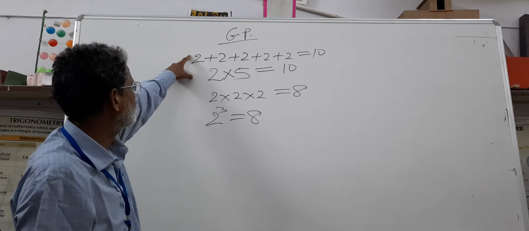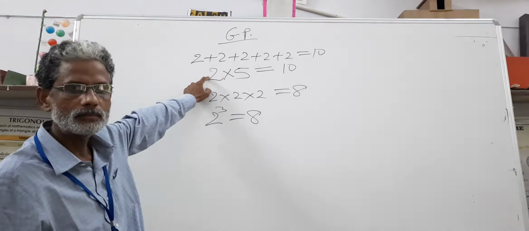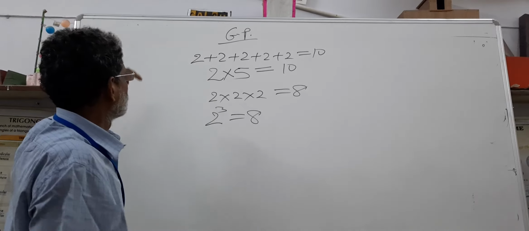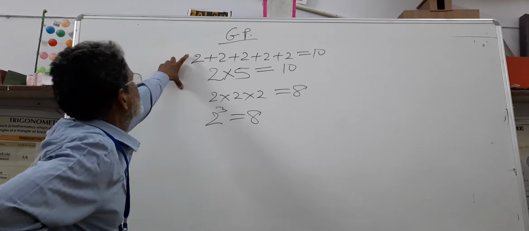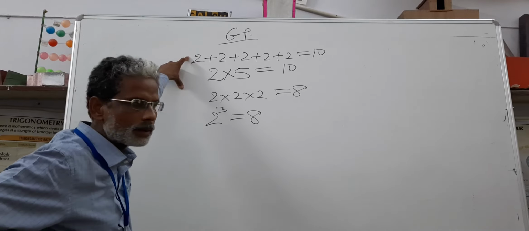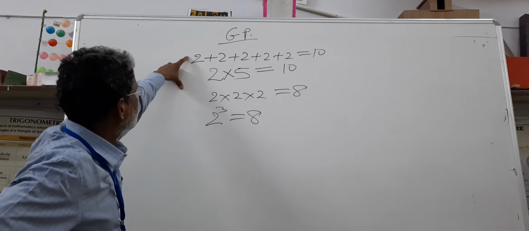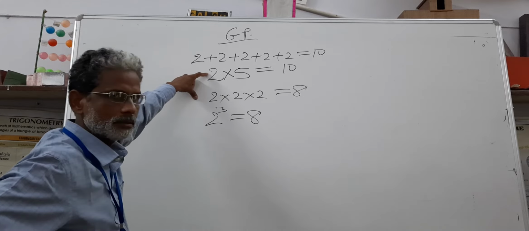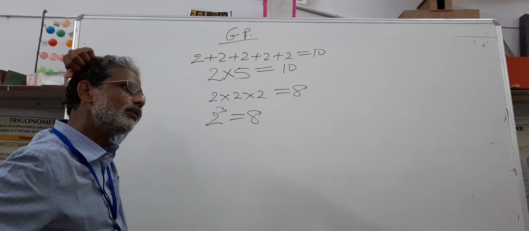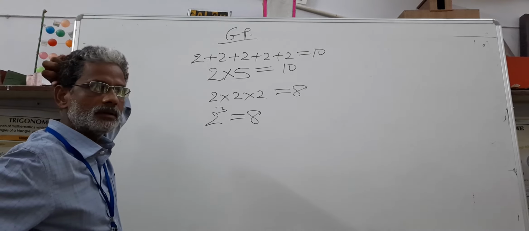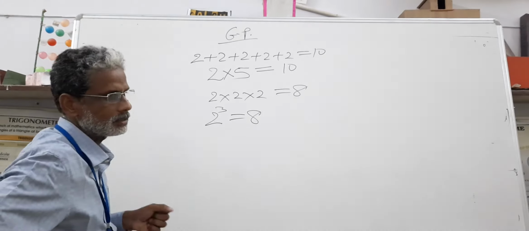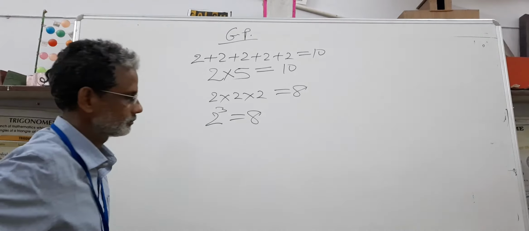The short form of addition is multiplication. The inverse process of addition is subtraction, and the inverse of multiplication is division. So therefore, the short form of subtraction is division.